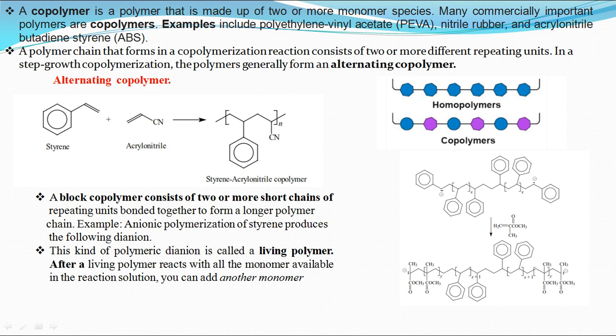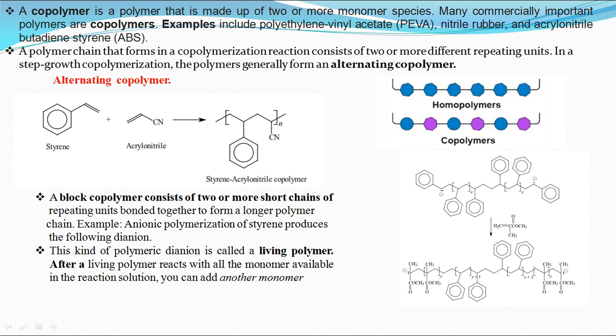A polymer chain formed in a polymerization reaction consists of two or more different repeating units. In step growth polymerization, the polymers generally form an alternating copolymer. A copolymer consists of two or more chains of repeating units bonded together to form a longer polymer chain.